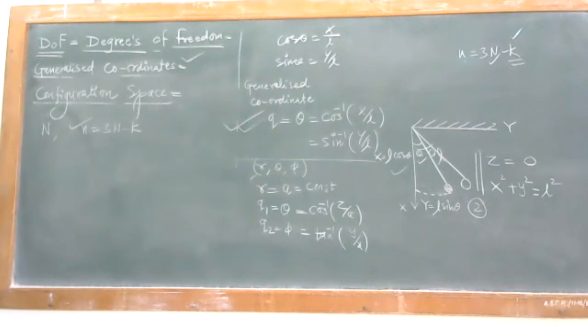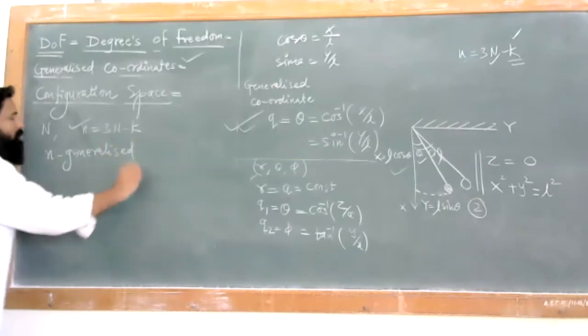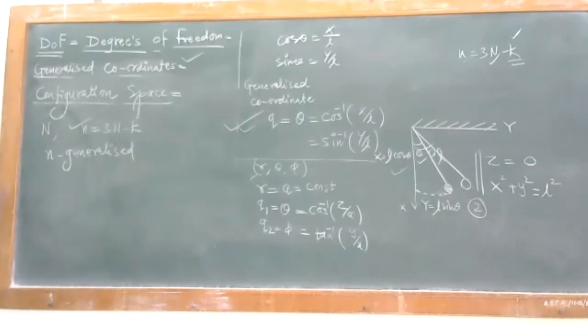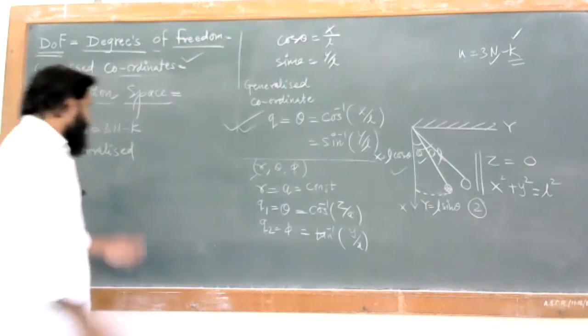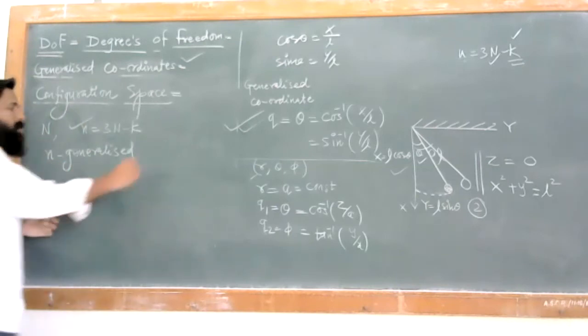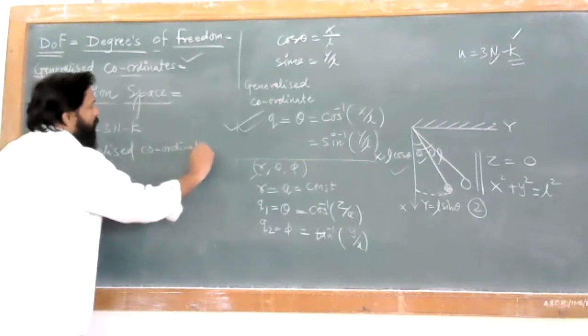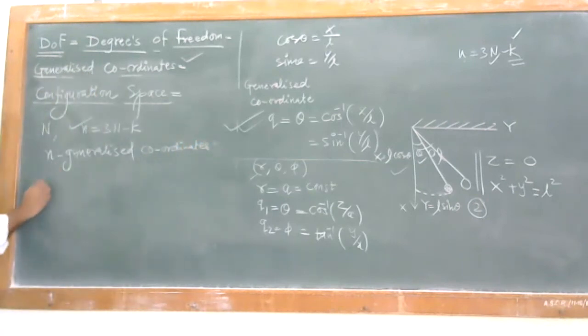We'll have to look at the configuration of that system that can be described by these n generalized coordinates. We don't just want a 3 dimensional space now. We want a space in which all the coordinates we define can be expressed. So we have n generalized coordinates that can be described in a configuration space.